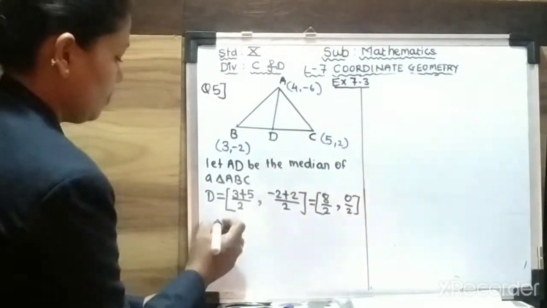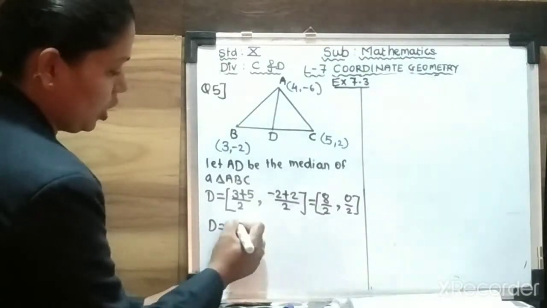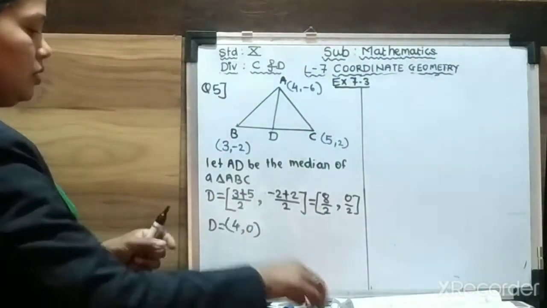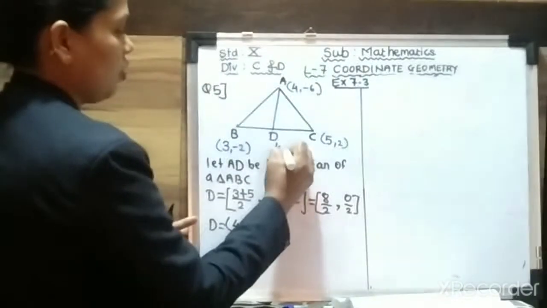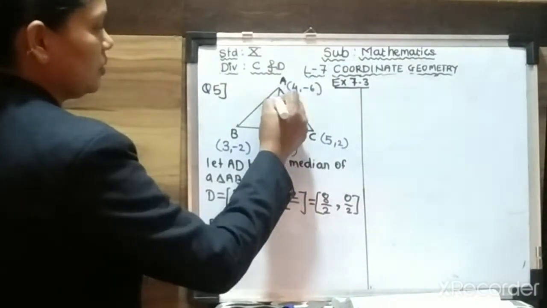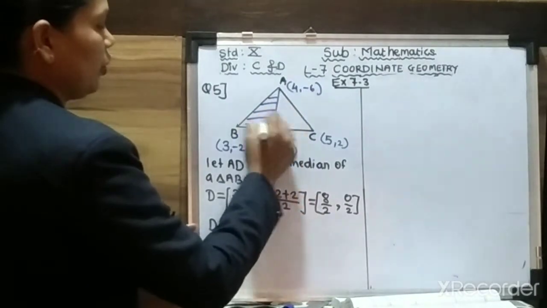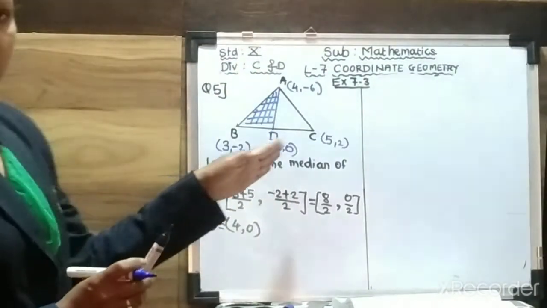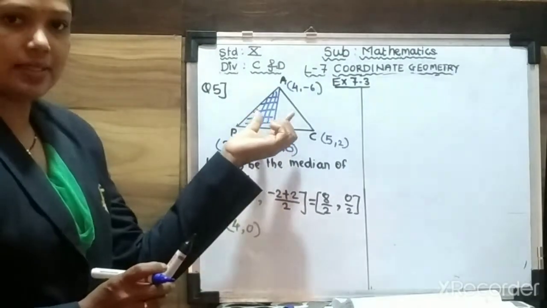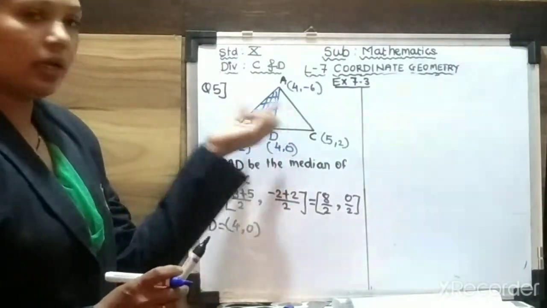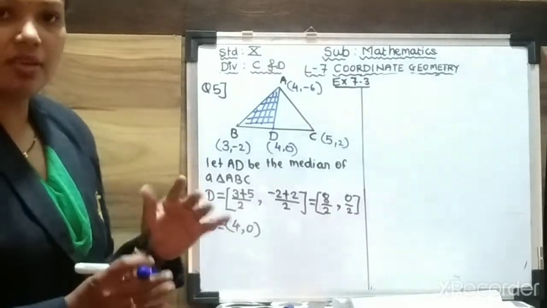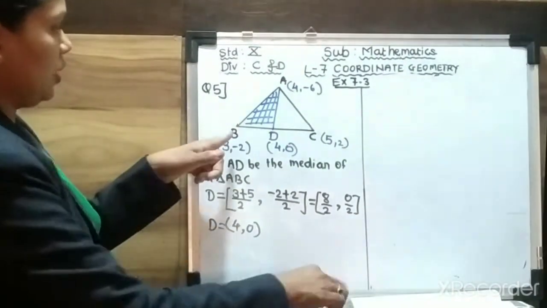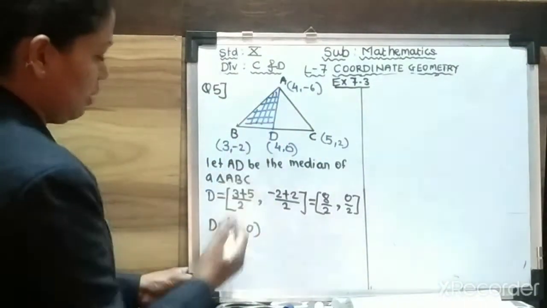So we got the D coordinates: 4 and 0. See student, here we are going to show the area of this triangle. Because of this median, whatever two triangles are formed, we are going to see whether their areas are equal or not. So let us find the area of triangle ABD.